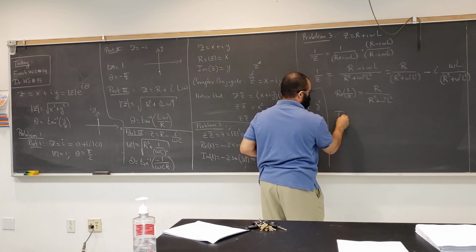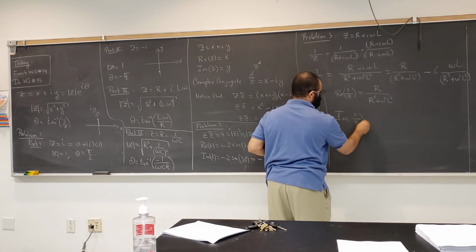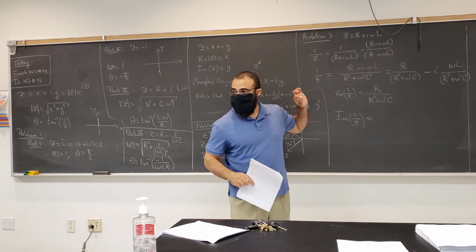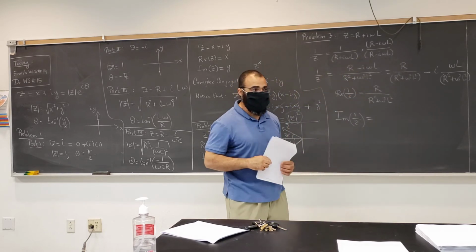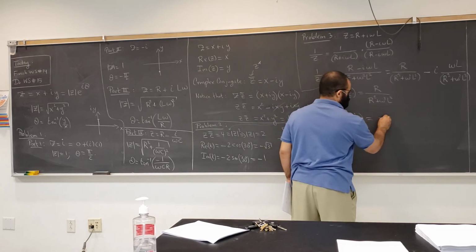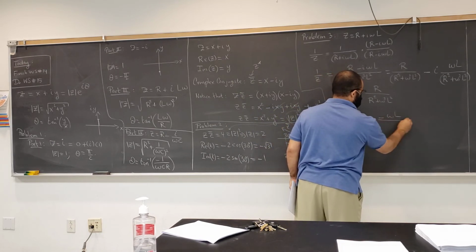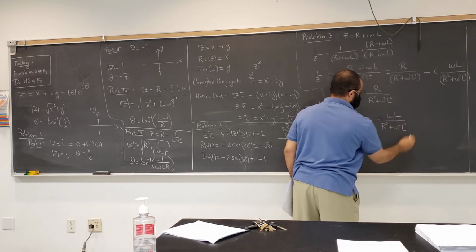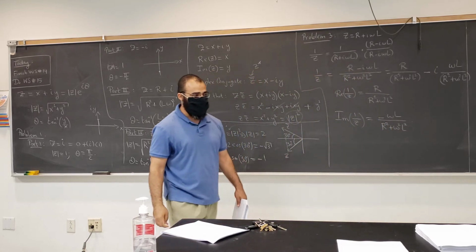And the imaginary part of 1 over z will be what? Just take the I out and then put everything that's left. So you get the minus omega L over r squared plus omega squared L squared. That's the imaginary part.